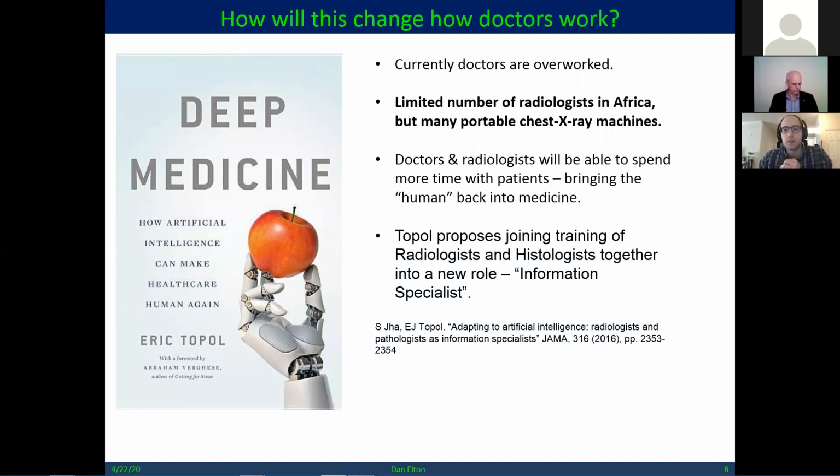You can even have portable chest X-ray machines, which can be mobile. You can have them in a van or in a car. So there are a lot of these chest X-ray machines, but a very limited number of doctors.